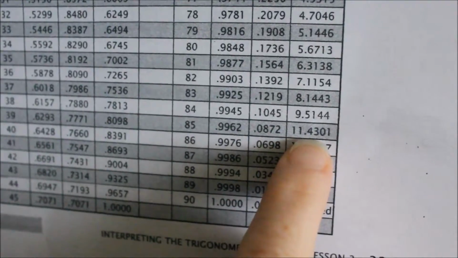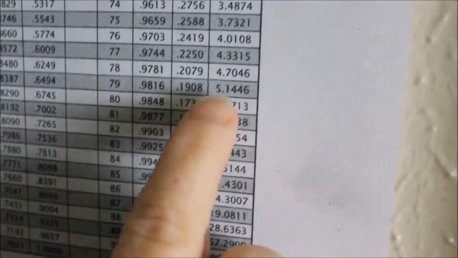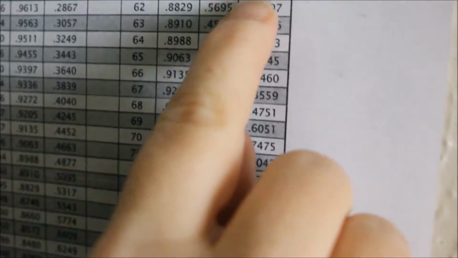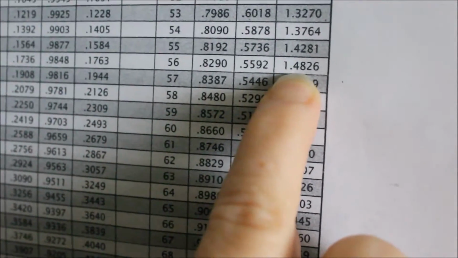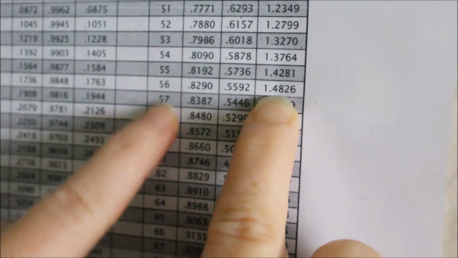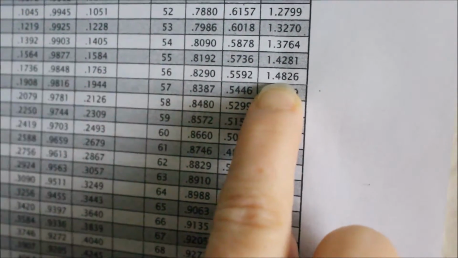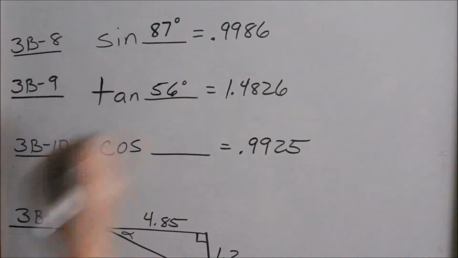So we're in the tangent column, and we're looking for the decimal of 1.4826. Okay, so those are 2 point something, so here's 1 point something, so here we go, 1.4826, and so we see that that degree is 56 degrees. So tangent of 56 degrees equals 1.4826.